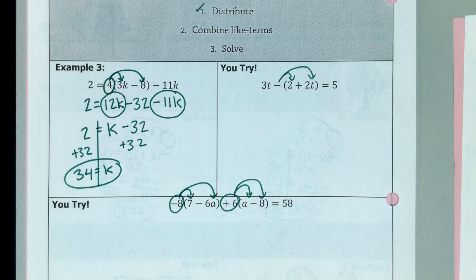Make sure you're doing both of the you-tries.